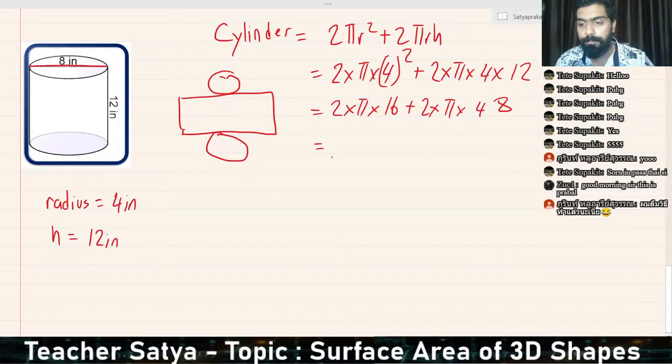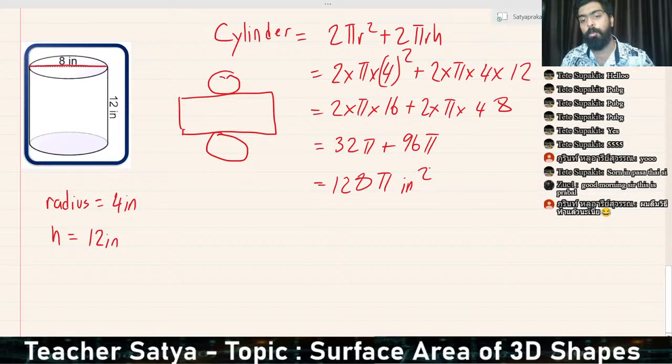Now what do we have? 2 times pi times 16 would give us 32 pi, plus 2 times pi times 48 would give us 96 pi, and 32 plus 96 would give us 128 pi inches square.